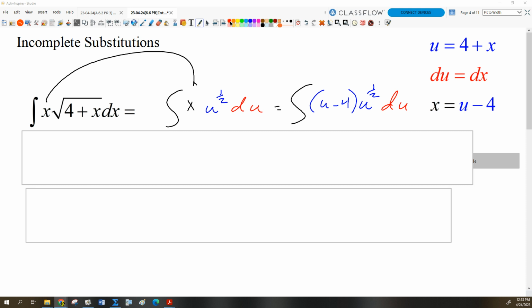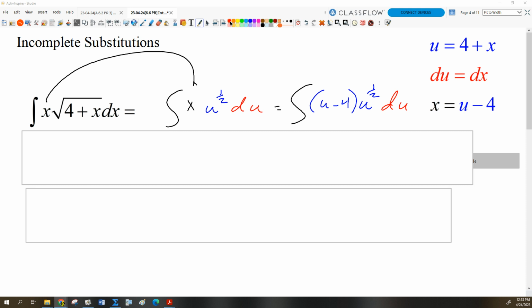Because look, I can distribute the u to the 1/2 to both terms and get two separate power functions that I can integrate with the power rule. I can't distribute here because the 4 plus x is inside of a square root, and I can't distribute over a square root function. Everybody see that? So it just changed the form in a way that is now convenient.